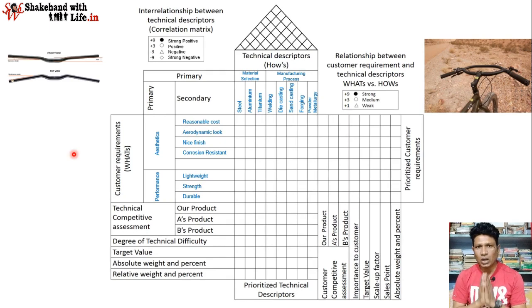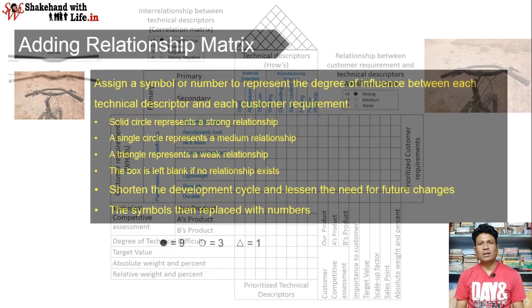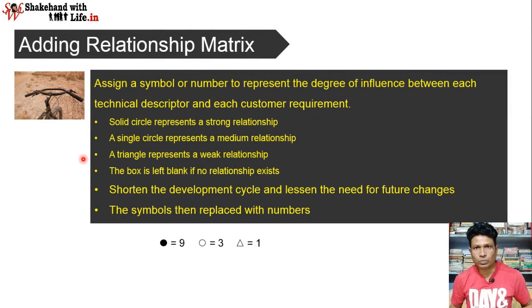Now we study the relationship between customer requirements and technical descriptors by adding the relationship matrix in the central hall of the House of Quality. To add the relationship matrix, we assign a symbol or number to represent the degree of influence between each technical descriptor and each customer requirement.